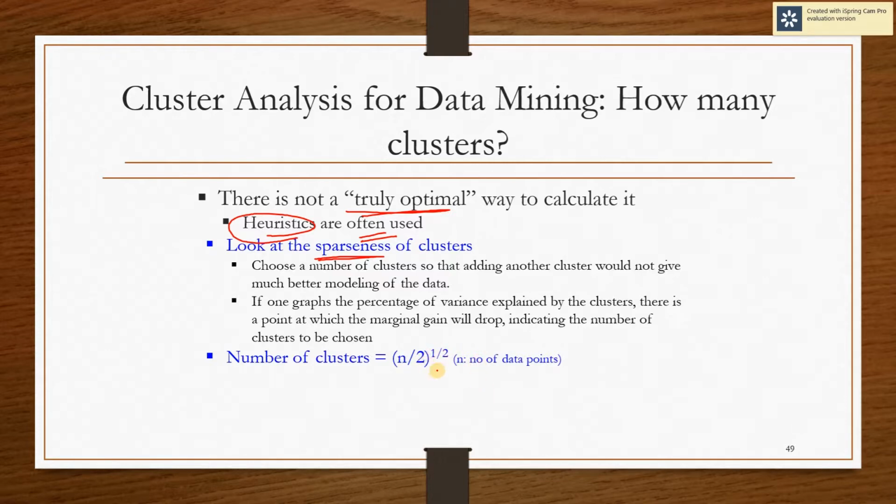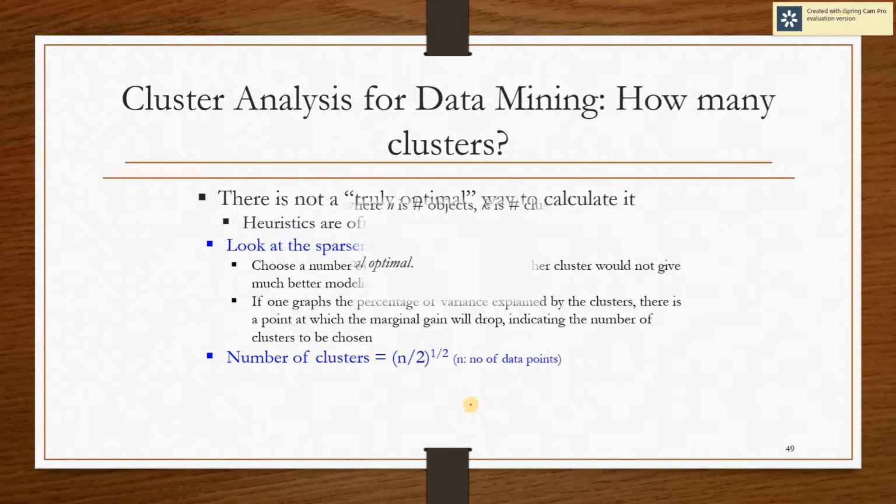The rule of thumb is based on the formula square root of n divided by 2, where n is the number of points. Let's say just now we have 10. That would be your number of clusters.